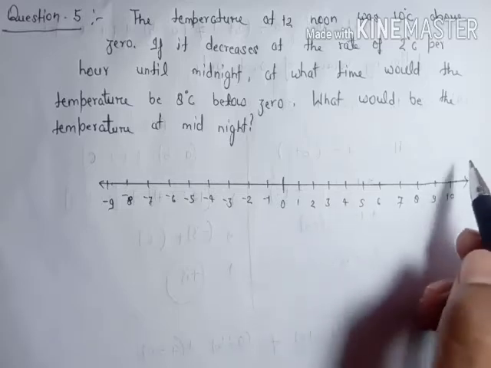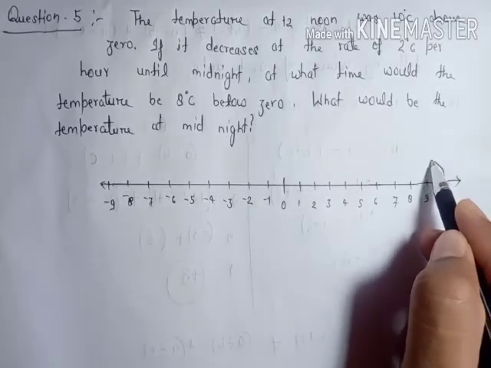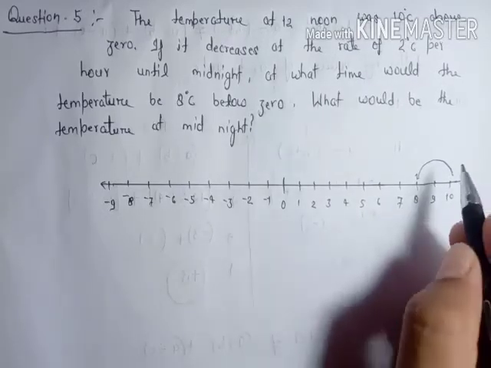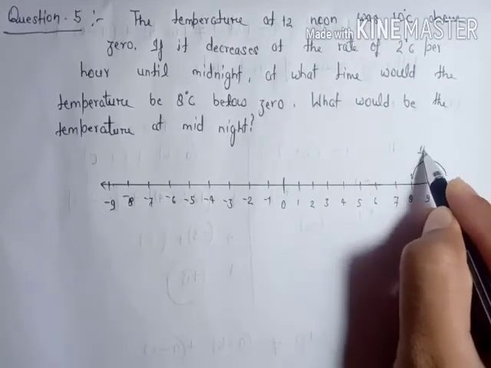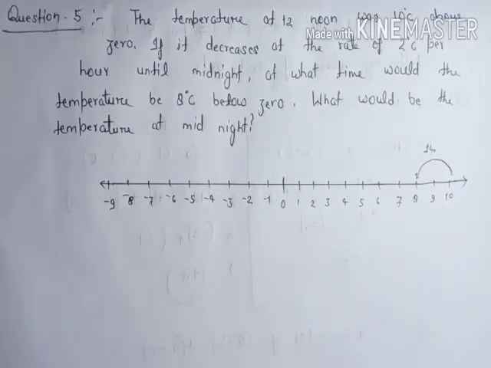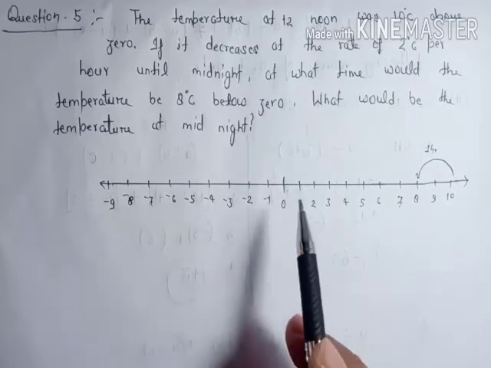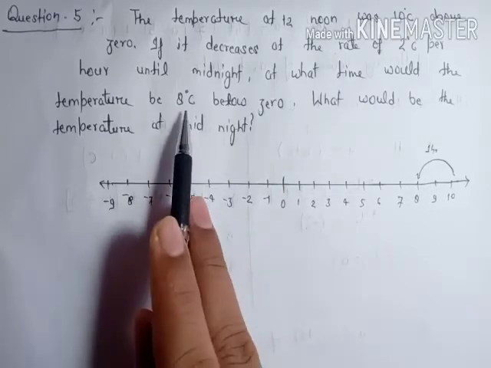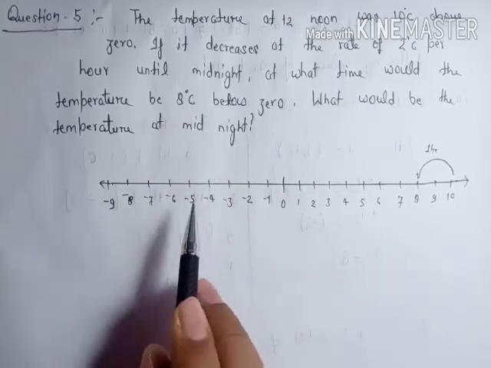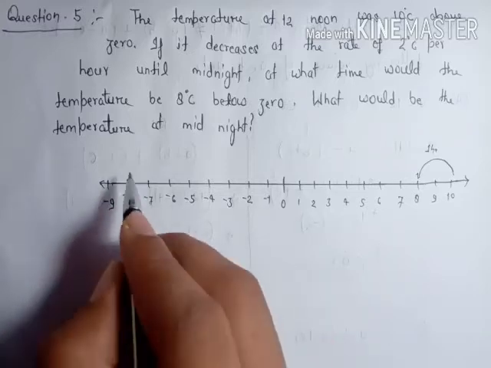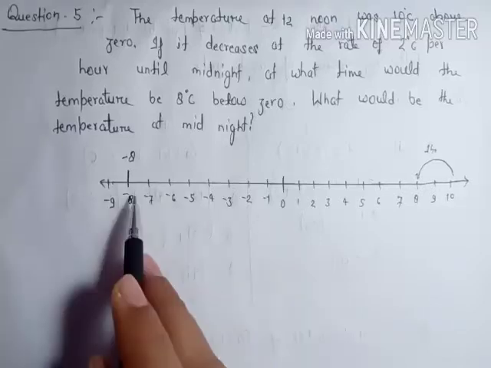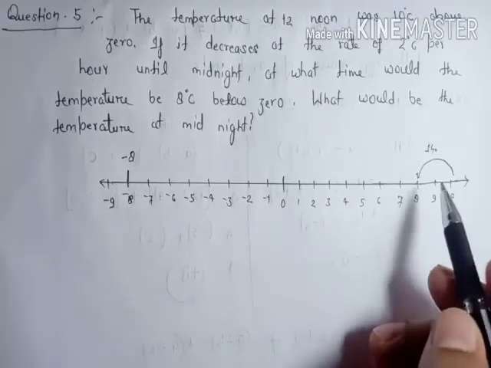Means if in an hour the temperature decreases 2 degrees centigrade in 1 hour, what time does it take to reach 8 degrees centigrade below 0? And 8 degrees centigrade below 0 means here this minus 8, and what time will it take to get here.